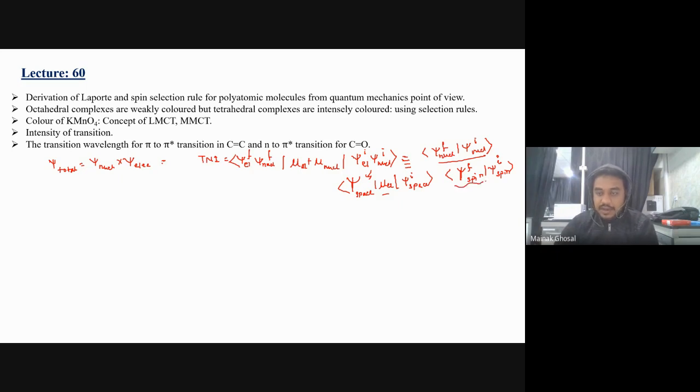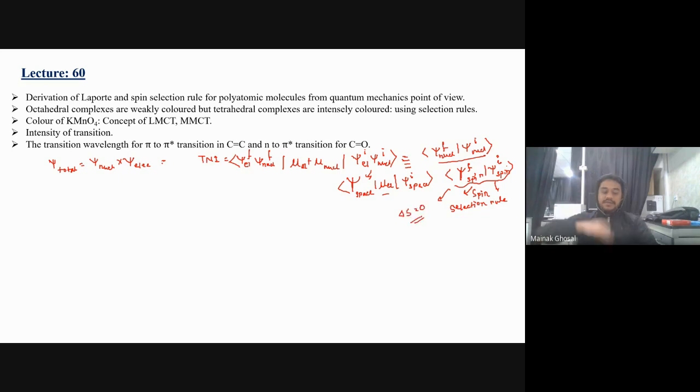Now this comes to your spin selection rule, because for an electronic transition to happen, the basic condition is that the transition moment integral should be non-zero. So the spin condition should first be satisfied: delta S will always be 0.